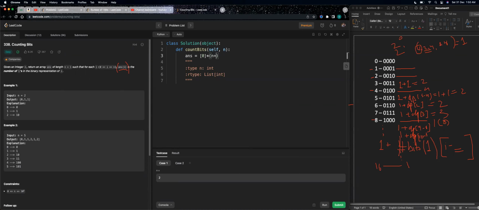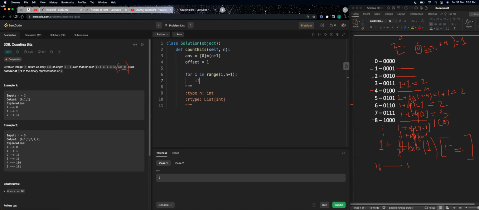It would be of length n plus 1. We will have our offset value, which would be the first integer that is a power of 2, or 2 to the power 0, that's 1. After that, we will run a loop for i in range 1 to n plus 1. As Python does not include the last integer, we will just go from 1 to n.